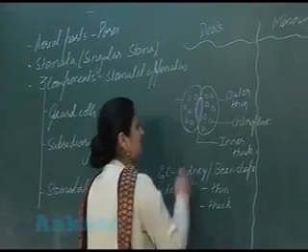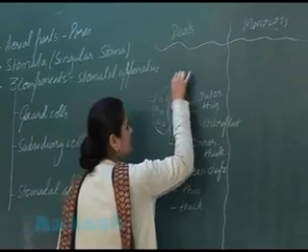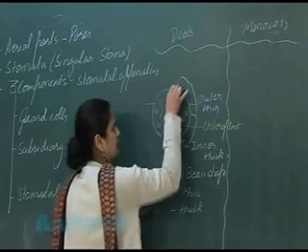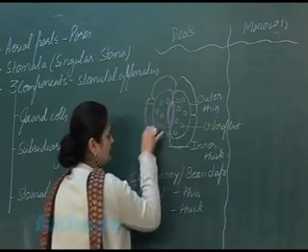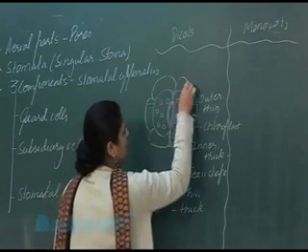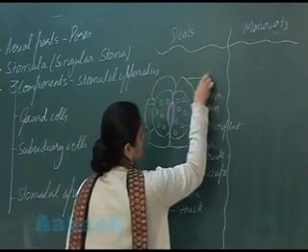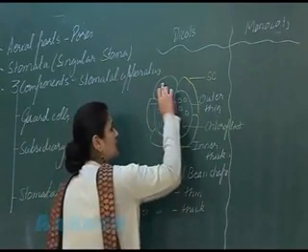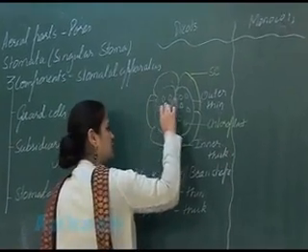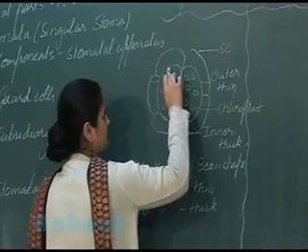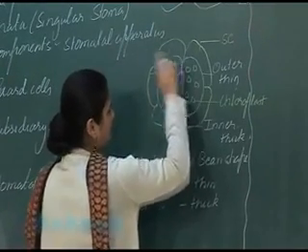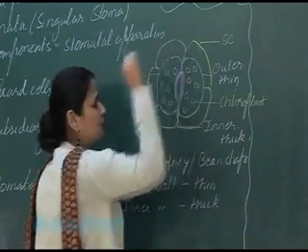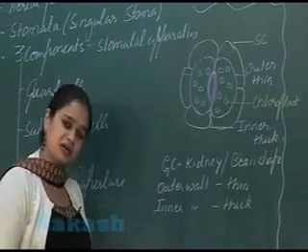Around the guard cells there is presence of subsidiary cells. The cells which I am forming here are subsidiary cells. Write them as SC. The cytoplasm of the subsidiary cell and the cytoplasm of the guard cells are interconnected with the help of a pore, and you know that pore is plasmodesmata.